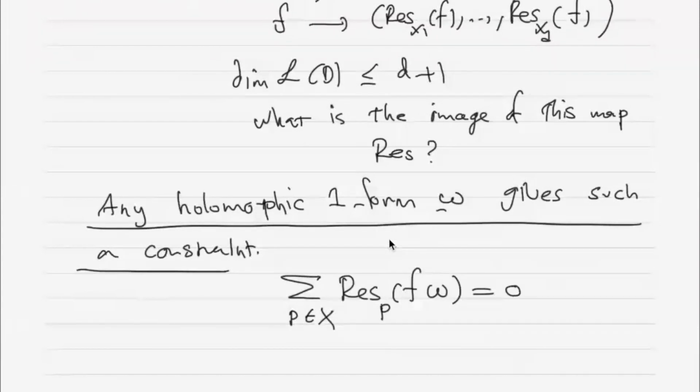And the reason for that is the Cauchy integration formula, which tells you that the integral of a one form along a closed path is equal to 2πi times the sum of the residues at all the points that lie inside that closed path.